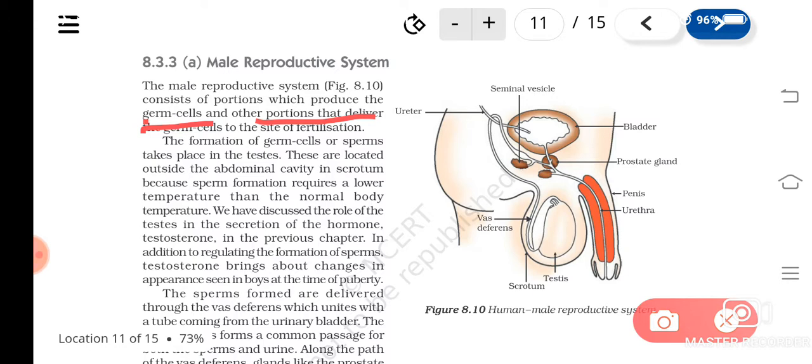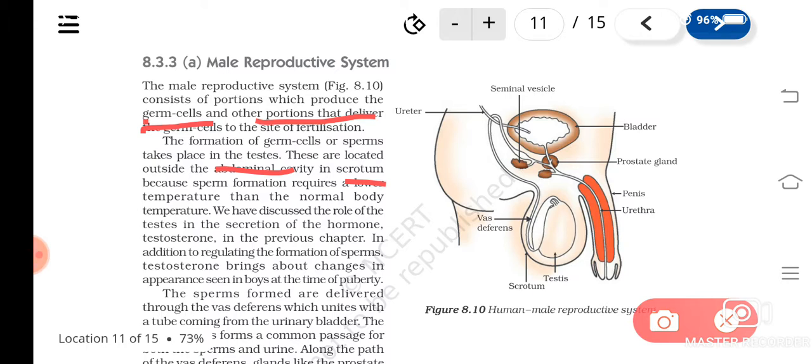Understood? So, the formation of germ cells takes place in organs called testes, okay, and they are located outside the abdominal cavity in a scrotum, okay. So what is the scrotum? It's a pouch-like structure which covers the testis.